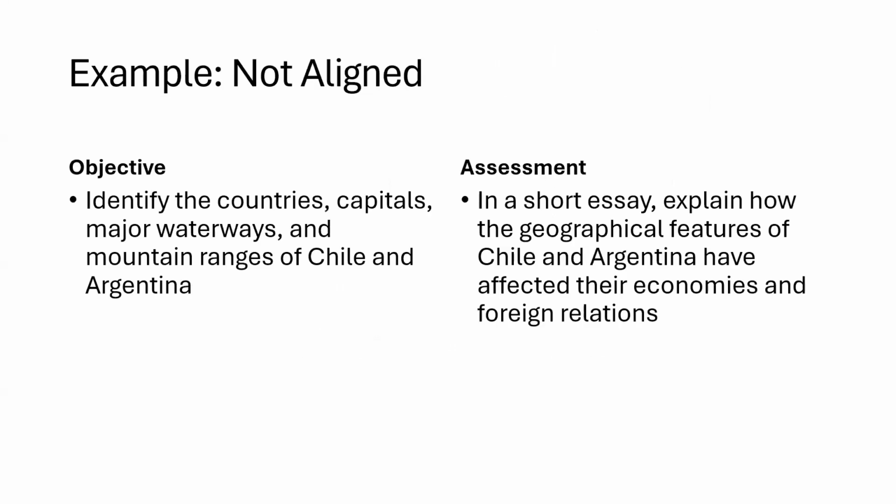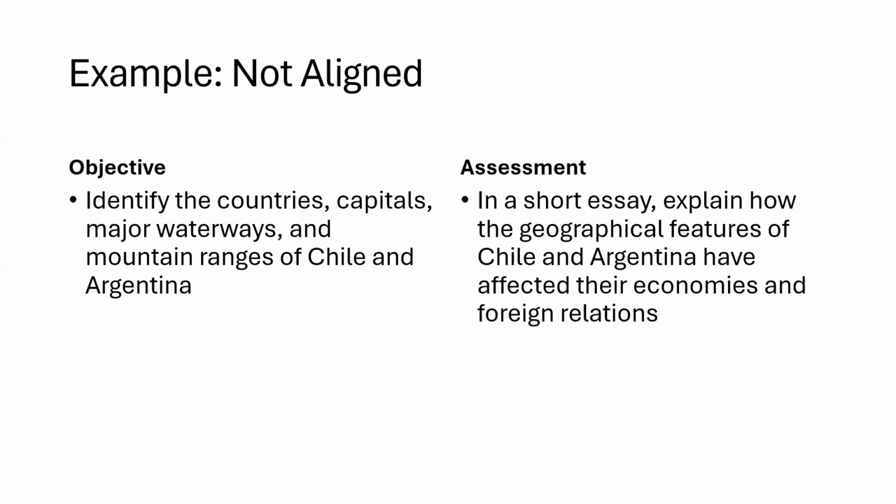This can sound pretty fuzzy. So here's an example of an objective and an assessment that are not aligned. The objective is to identify the countries, capitals, and major waterways and mountain ranges of Chile and Argentina, right? So you can picture this being an entry-level geography course, let's say.